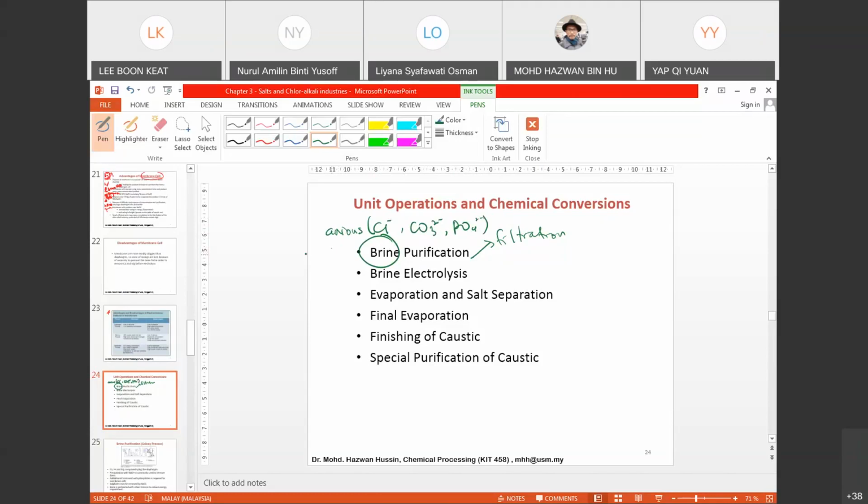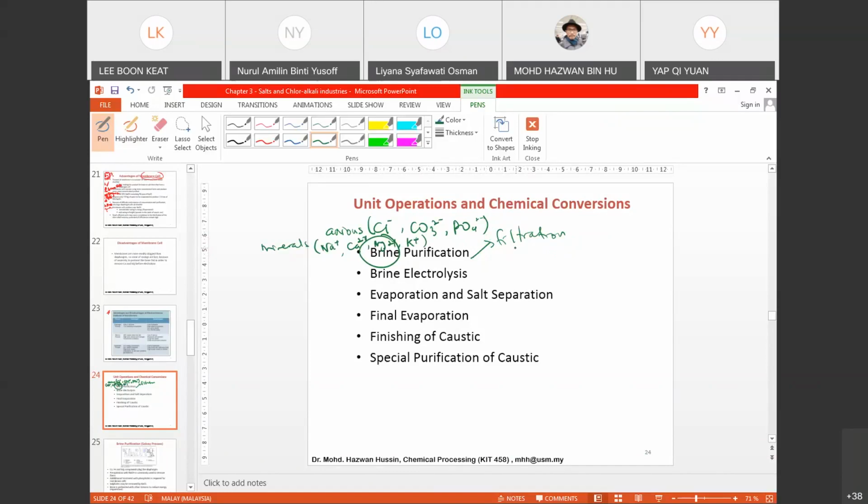Apart from that, you can also have other types of minerals. Not only sodium plus, you can also have calcium 2 plus, magnesium 2 plus, potassium plus and others. So all of this is required to be removed.